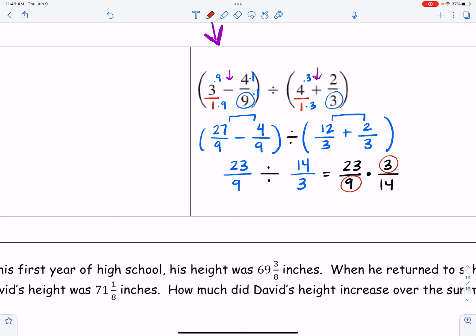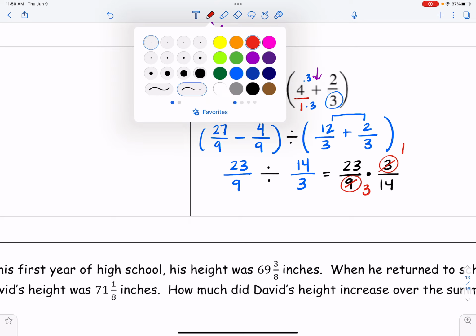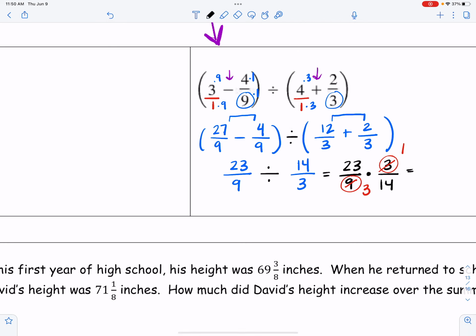So I'm going to go ahead and divide each of those by 3 to do my simplification here. So 3 divided by 3 is 1. 9 divided by 3 is 3. And then that just makes this a little bit simpler when I multiply, because 23 times 1 is just 23, and 3 times 14 is 42. And notice, because I've already simplified, that won't simplify any further.